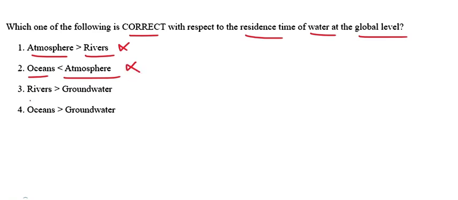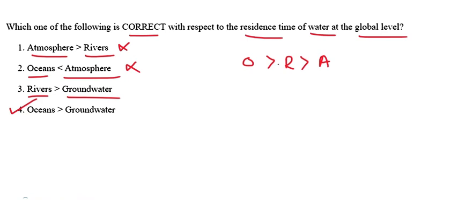Now if we go with the third option, river is greater than the groundwater, river water. Okay, you remember one sequence. Residence time of ocean water is greater than river, greater than atmospheric water. This is the sequence. So our option fourth is the right one.